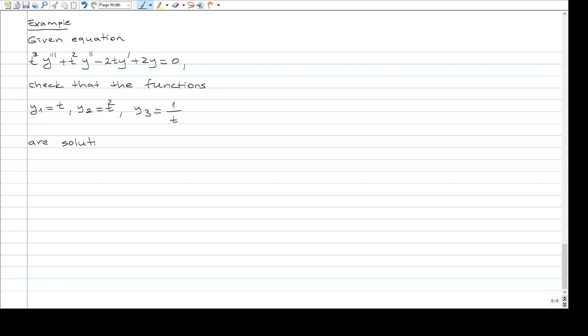Remember, for solutions of differential equations, we always consider them on an interval, so saying that t is different from 0 is not enough. The interval is also given in the problem: t greater than 0. Find all solutions.